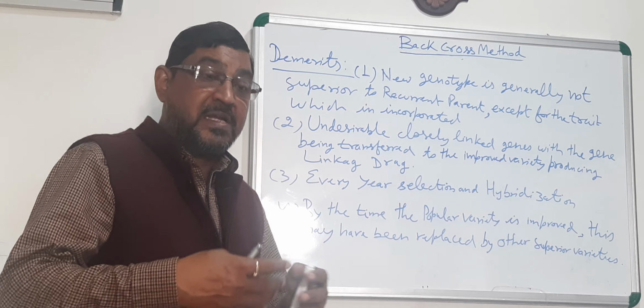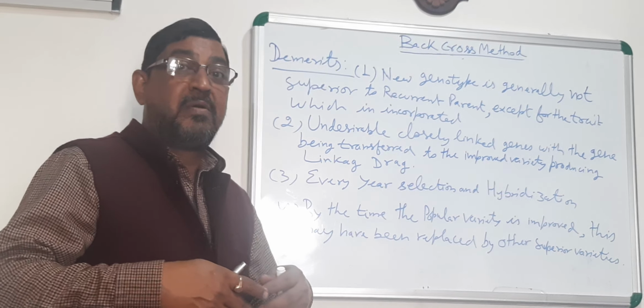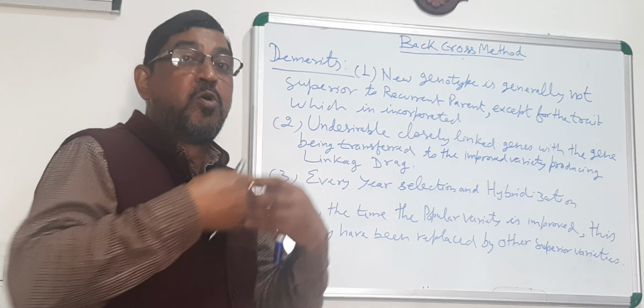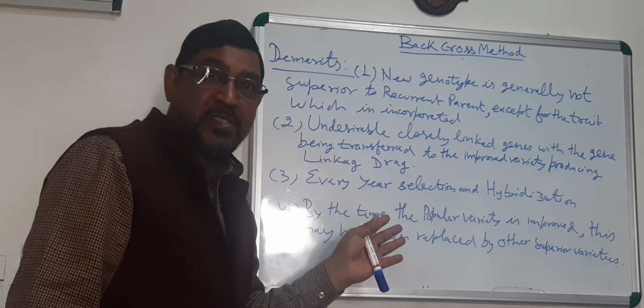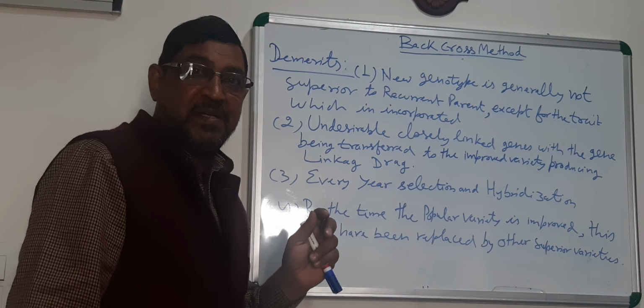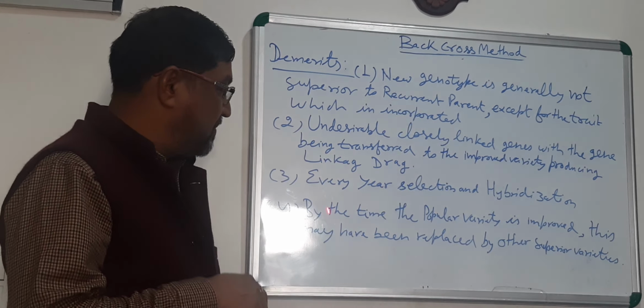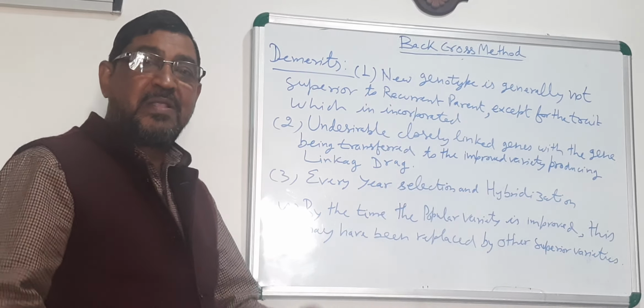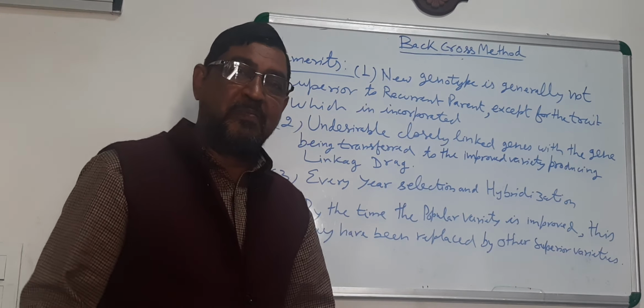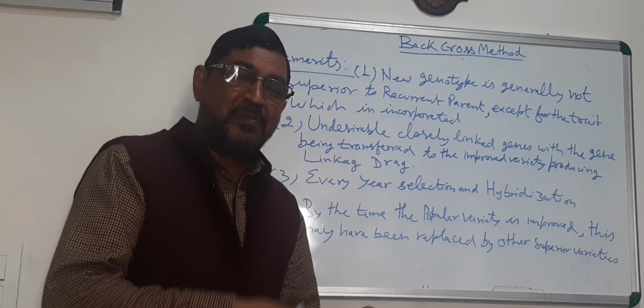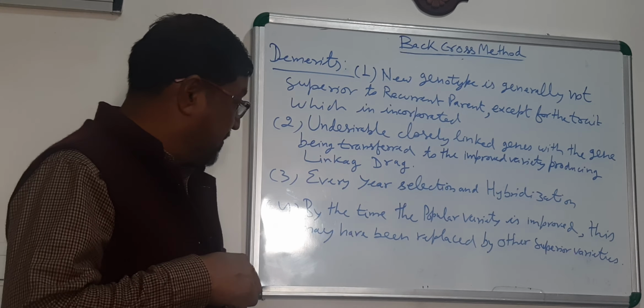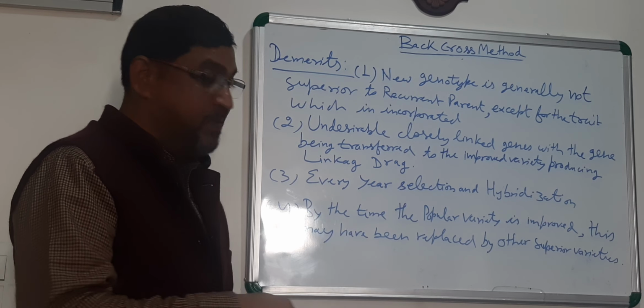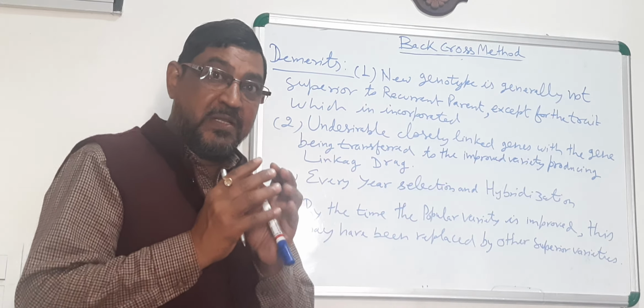If any variety during this period has become more popular than the earlier popular variety, then farmers are not going to accept this again, because they will say, sir, we have got a better yield variety, why am I going to cultivate this? This has to be kept in your mind. The breeders must keep this in mind.